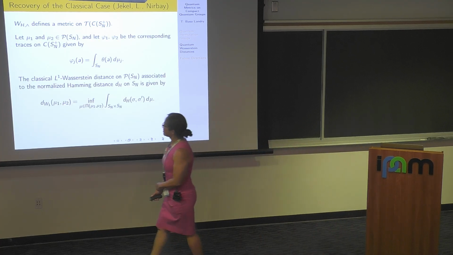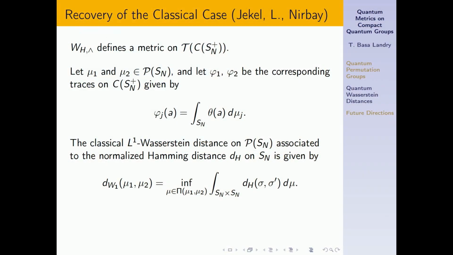And not only that, if we take the traces corresponding to classical probability measures, we're able to recover the classical Hamming distance.